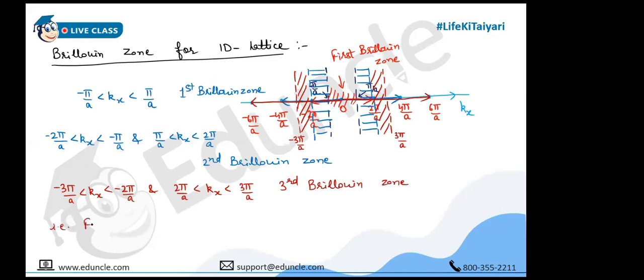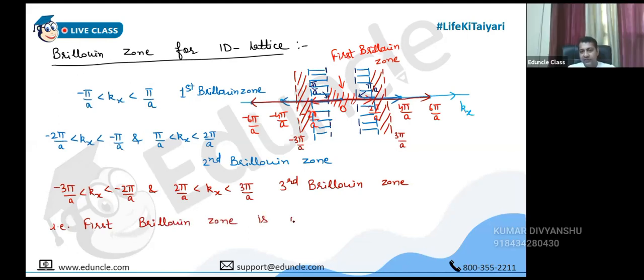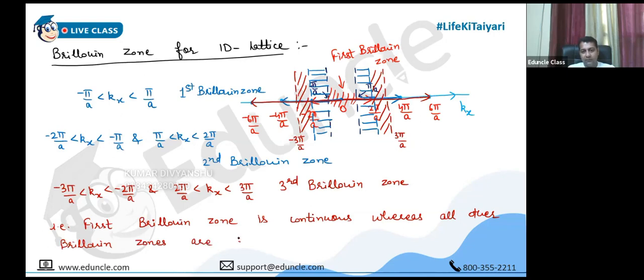So what do you infer from all this that we have discussed? It means the first Brillouin zone is continuous. There is no gap in between, whereas all other Brillouin zones are discontinuous. But here they are of equal widths, you can see, but in all lattices they are not.